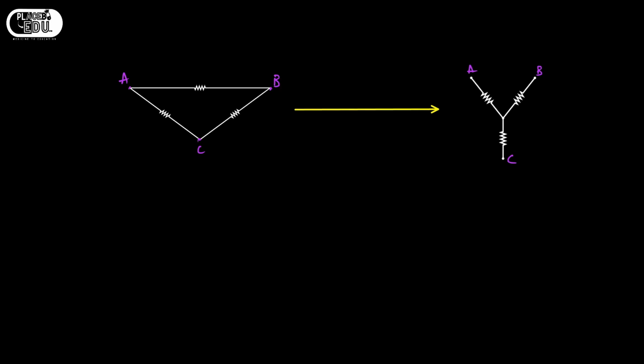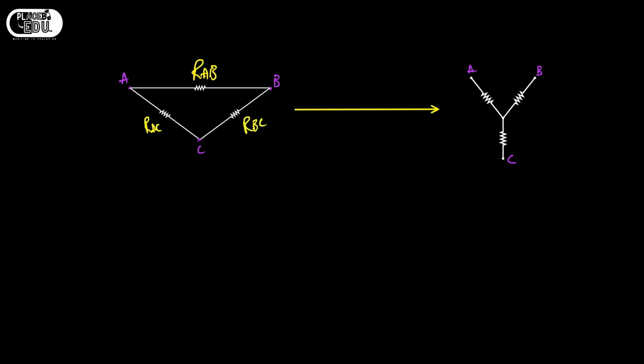Now there is a resistance between A and B, so I'm going to name it as RAB. Similarly, I'm going to name this resistance as RAC and this resistance as RBC.